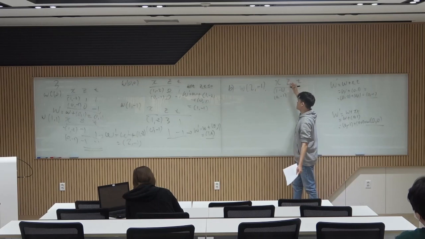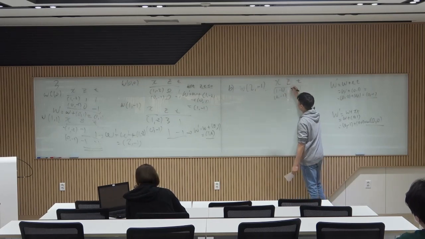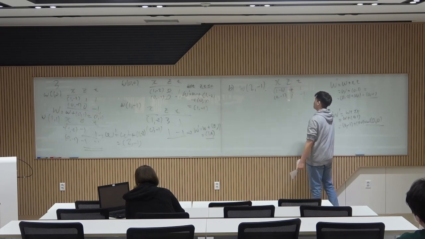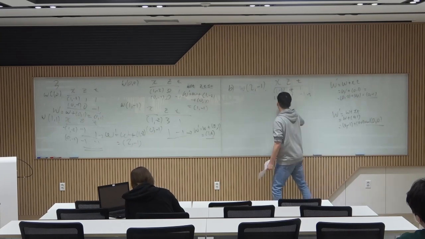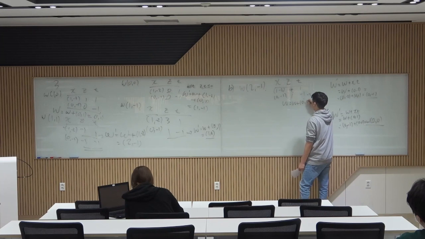So again, this is simple. Z is omega tx, so we can just have 4 here, and we can have 1 over here. Okay. So again, the second example is wrong. We need to update the weight by adding this term.